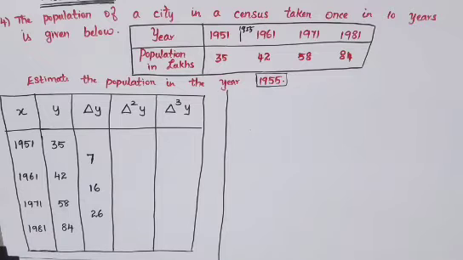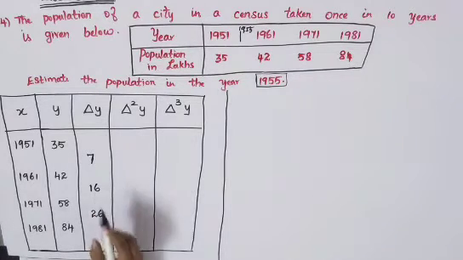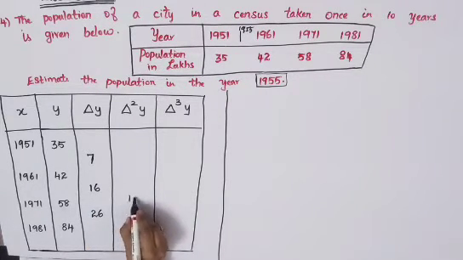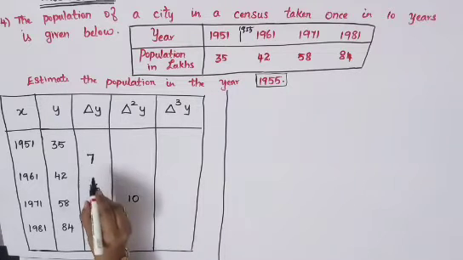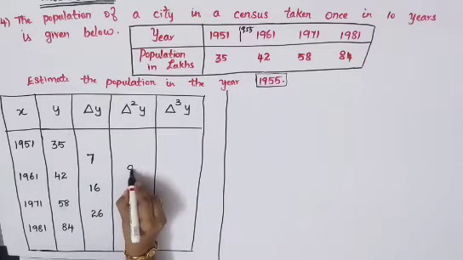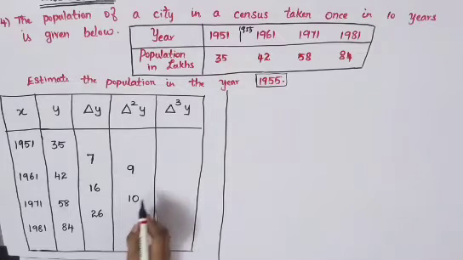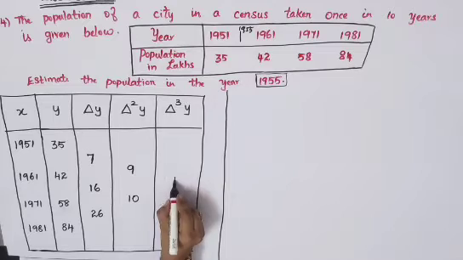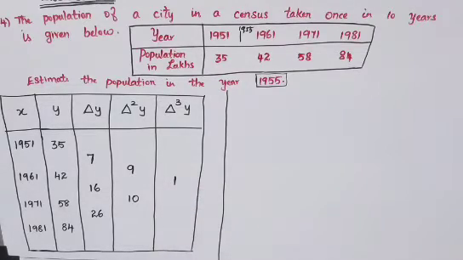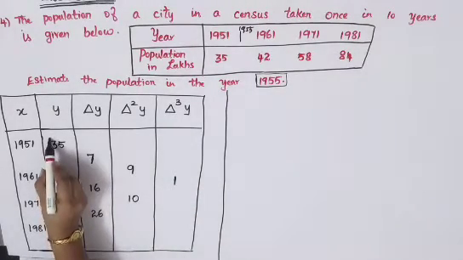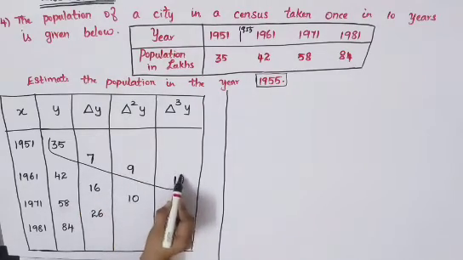Then delta square y. 26 minus 16 is 10, in the middle. Then 16 minus 7 is 9. Next is delta cube y: 10 minus 9, you'll get 1. Since it is forward, take all the values from the top.